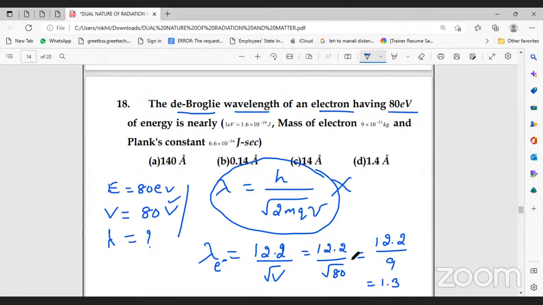So this value, if you substitute in terms of volt, this wavelength should get in terms of what? Angstrom. 1.3 angstrom, close to 1.4 angstrom. So option D is the right answer.